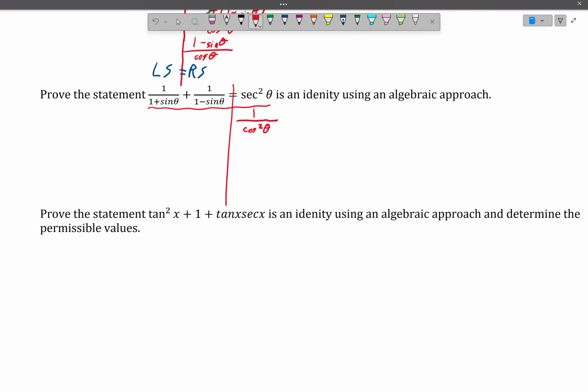But on the left side, we need to have common denominators to be able to add two fractions. So to get common denominators, we're going to have to multiply by the other denominator. So let's write it out nice and carefully.